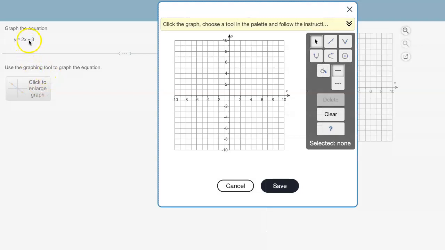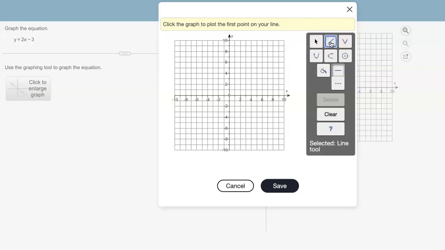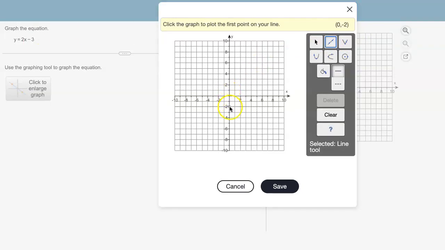And notice that we have a -3 right here, which means that our y-intercept is at the point 0, -3. So we'll come here, click on this, and go to the point 0, -3, click on that. And then notice that our slope here is 2, meaning 2 divided by 1.